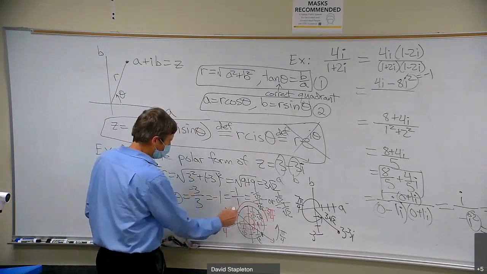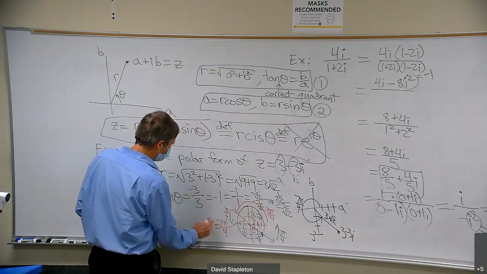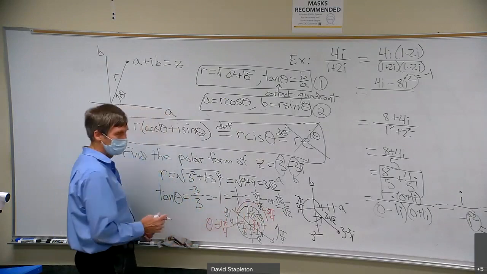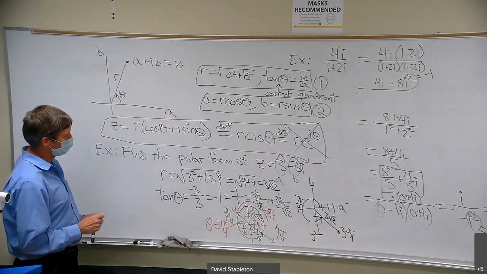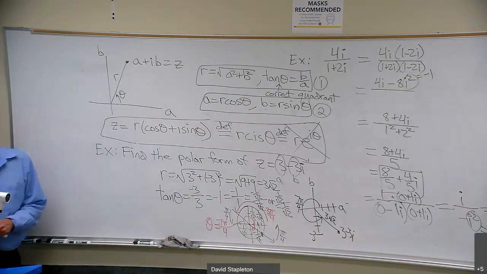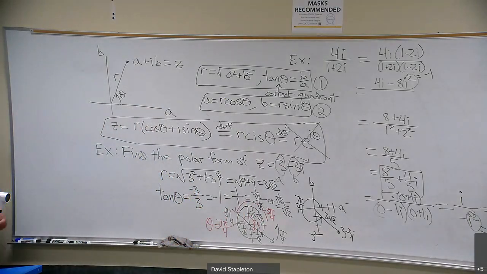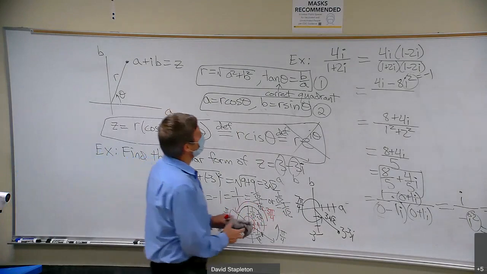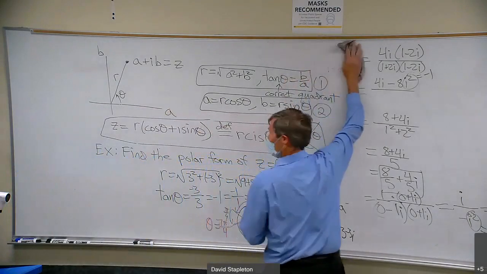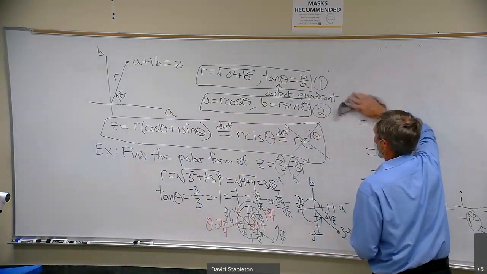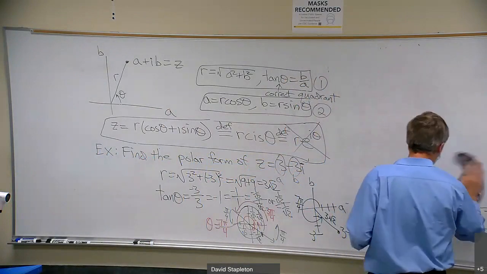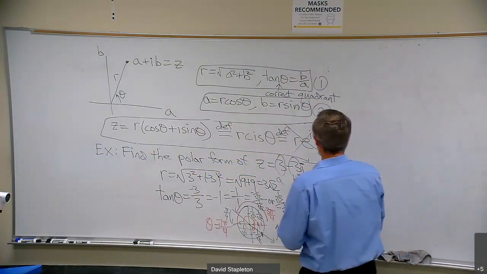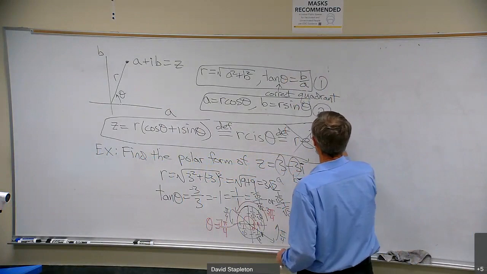So you have to figure out which of these two angles applies. It's the one that goes into the same quadrant as the original point, since we're choosing r positive. Hence the polar form of the complex number 3 minus 3i. Let's call this equation star.